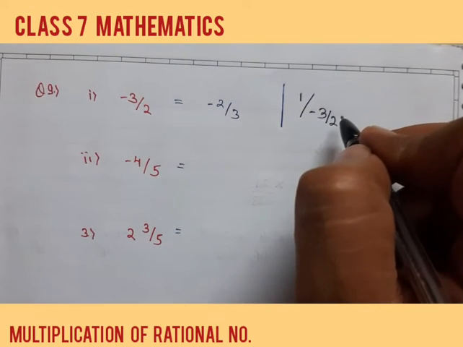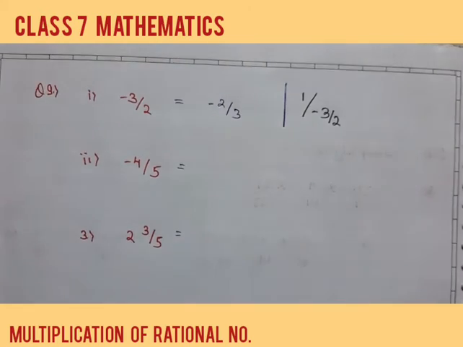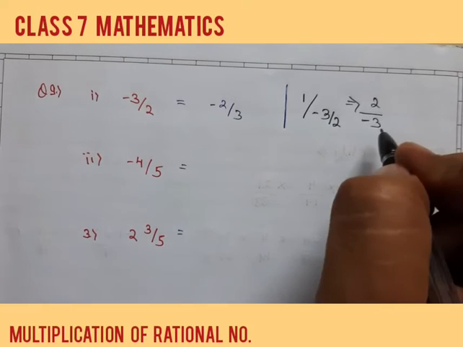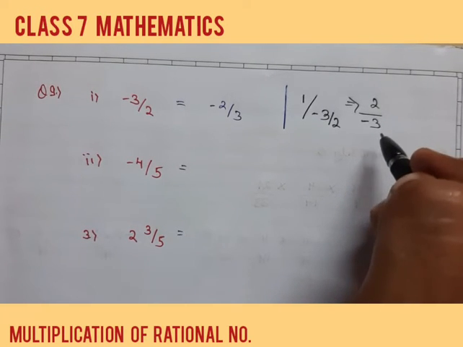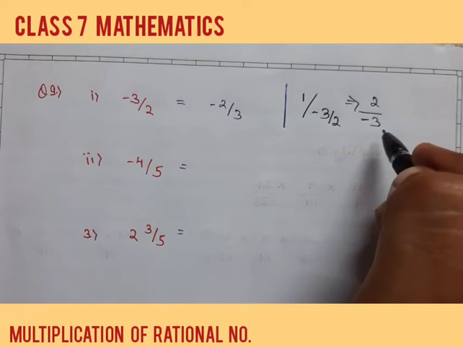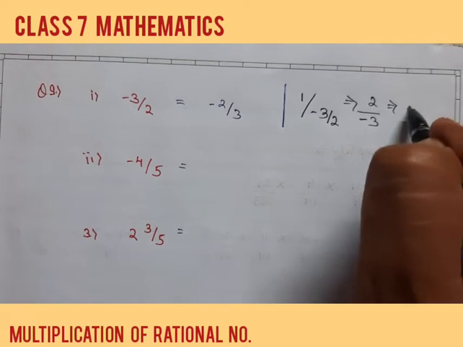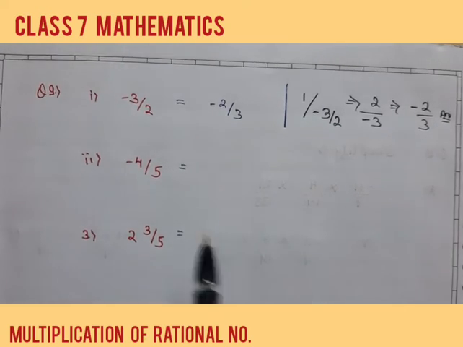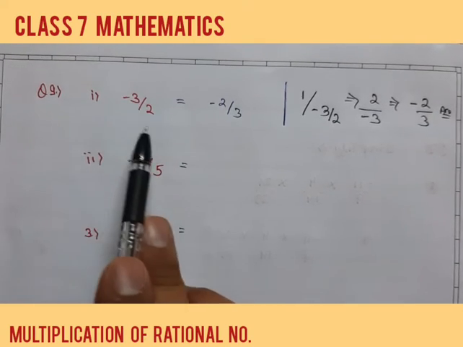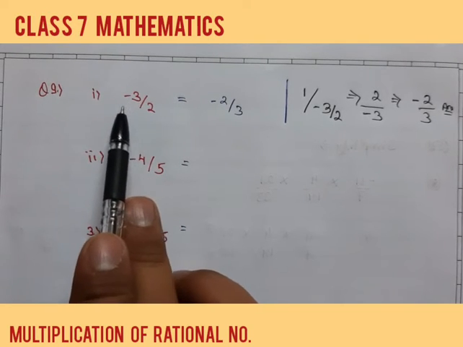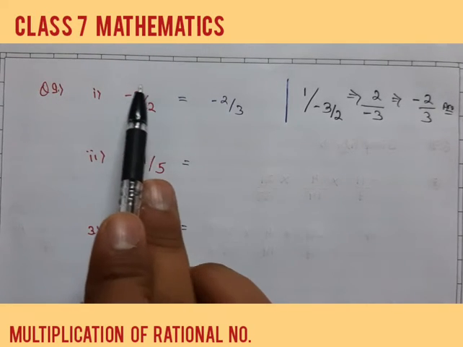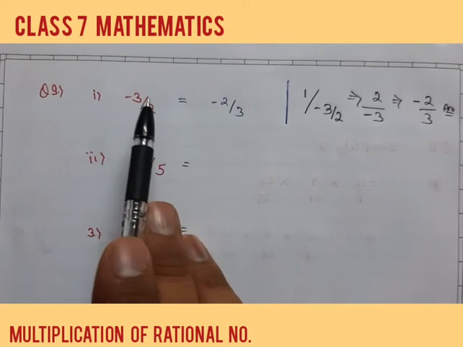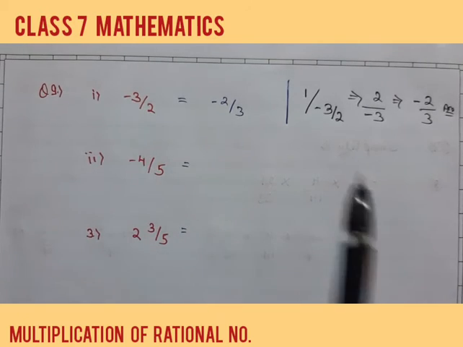When you simplify it, it becomes 2 upon minus 3, and since the denominator can never be in a negative form, we will finalize our answer by writing minus 2 upon 3. So this is our answer. Either do the multiplicative inverse directly, making the numerator go in place of the denominator and the denominator in place of the numerator, or divide 1 by the given number, because reciprocal means 1 divided by any number.